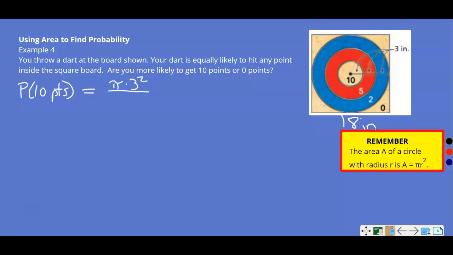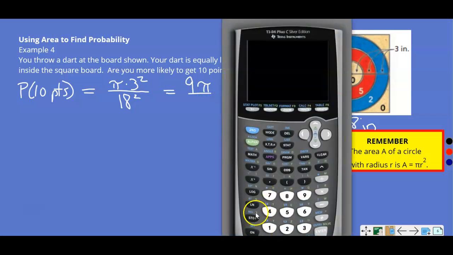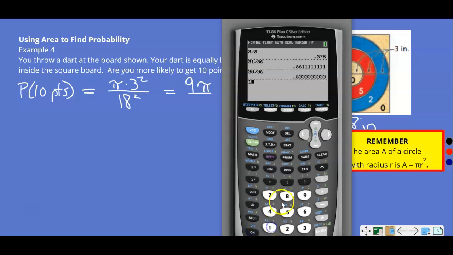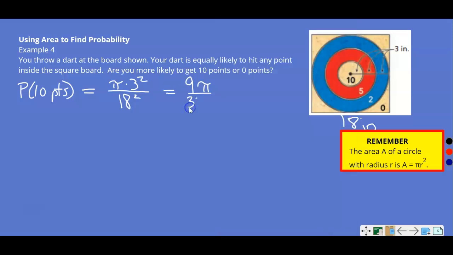To find the area of a square is just side squared, or side times side. So this is going to be divided by 18 squared. We can simplify: 3 squared is 9, so 9 pi over 18 squared, which is 324.